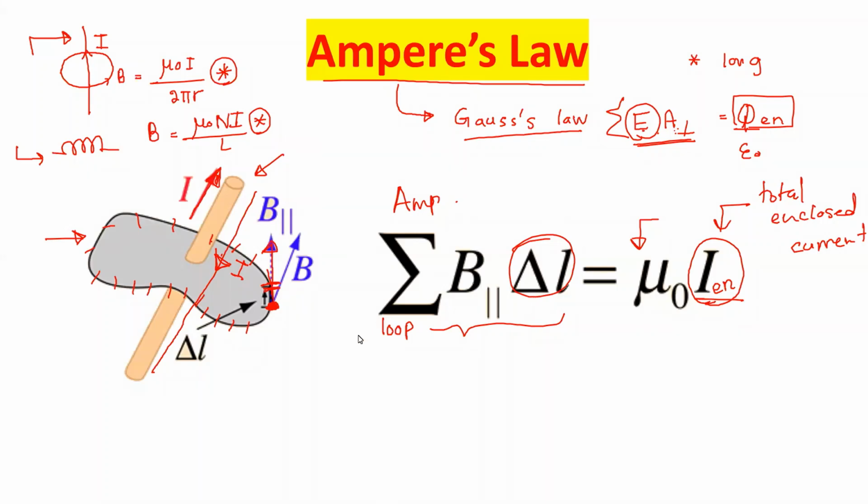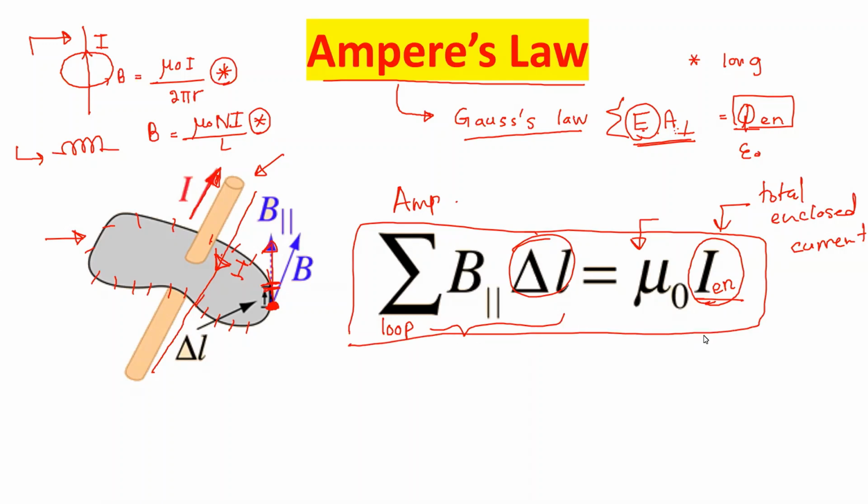So are we okay with this equation? So we will learn how to use this. But for now, are you okay with each of the terms? Yes. Okay. So there are two things that you have to know how to derive.